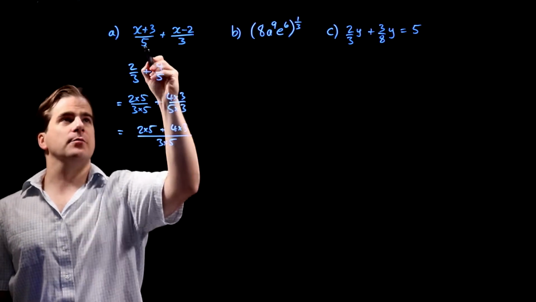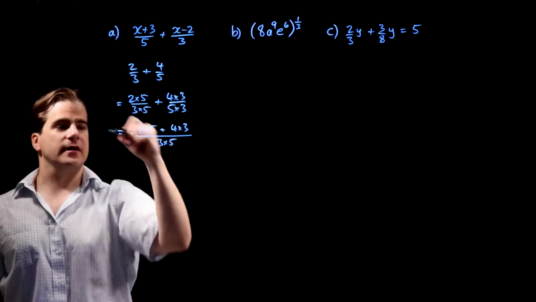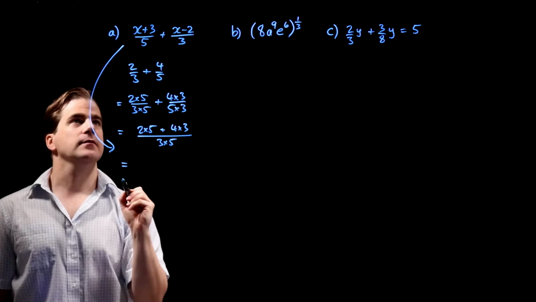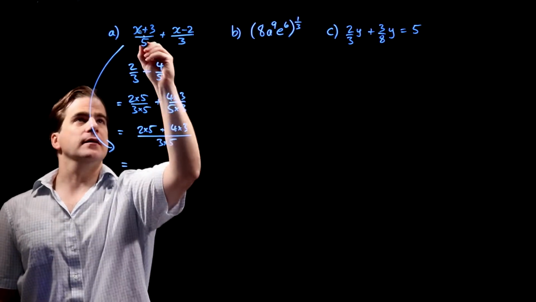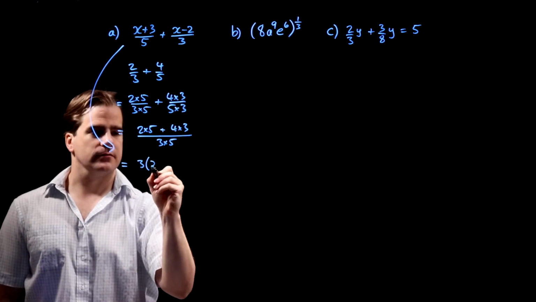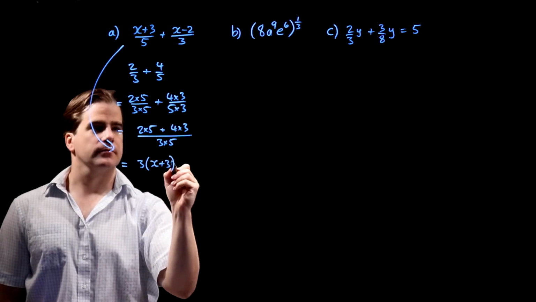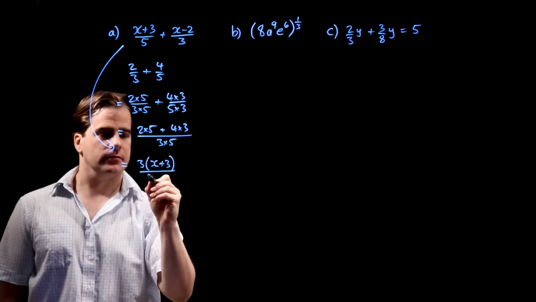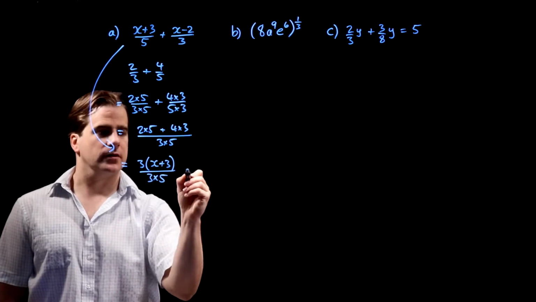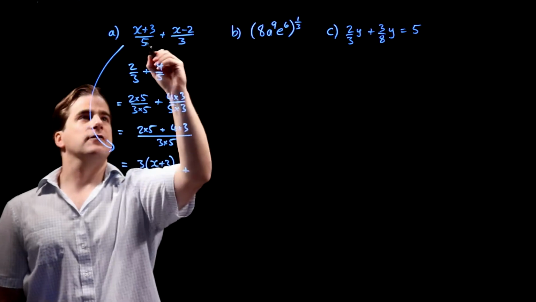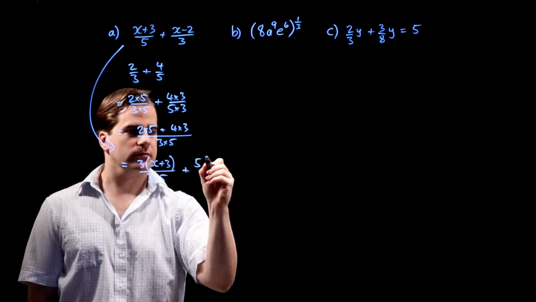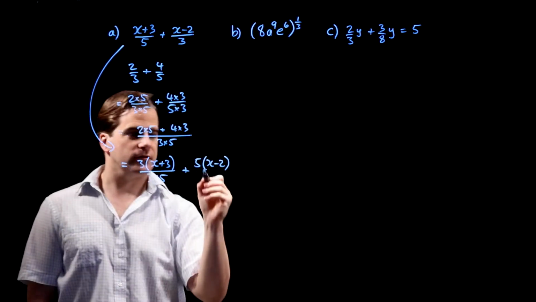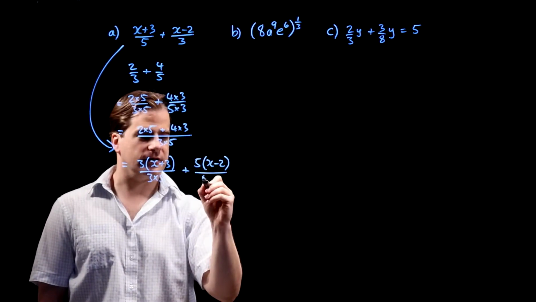So you just multiply top and bottom here by that number. So this becomes 3 times x plus 3, all over 3 times 5, plus 5 times x minus 2 over 5 times 3. 3 times 5, it's the same thing.